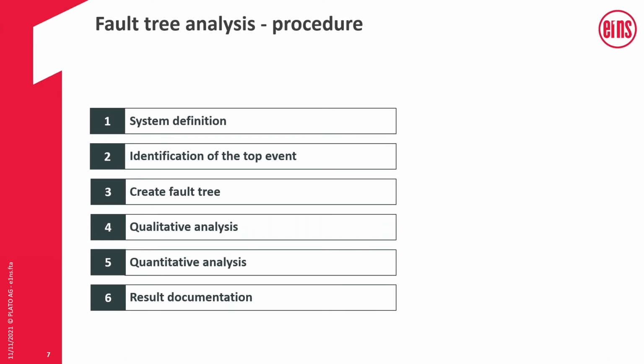structure in step 4. Then, of course, we are thinking about minimal cut sets, as well as which gates are really needed to link the failure modes and the causes to each other. And step 5 would be integration of probability values and calculation of probability values on all levels.